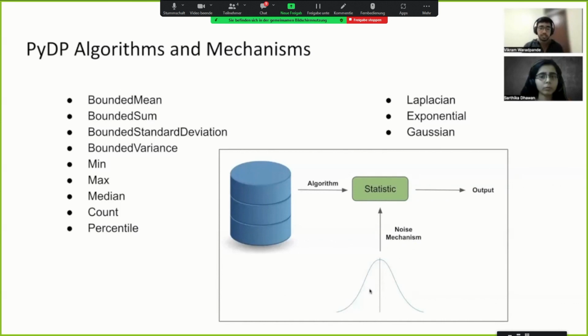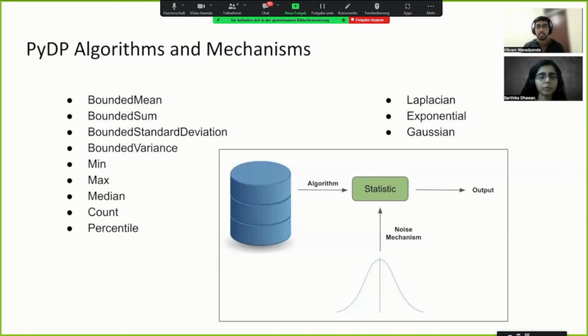The noise mechanism is adding some numerical noise to the database, but this is not just random noise. This numerical value is picked from some distribution. And in this case, we have three available distributions, that is Laplacian, exponential, and Gaussian. And we add this noise, and then we get the output. Now all these mechanisms ensure that differential privacy is maintained in our database.